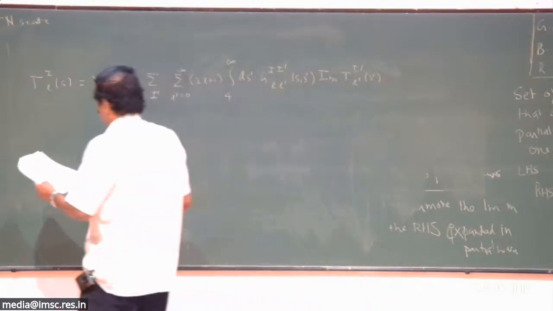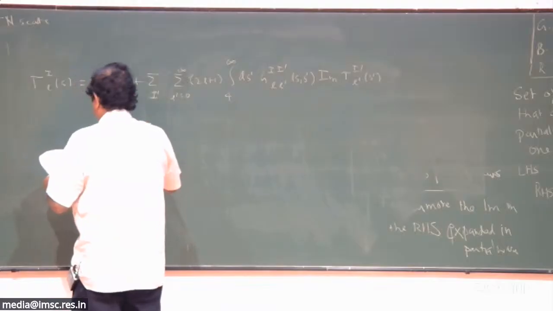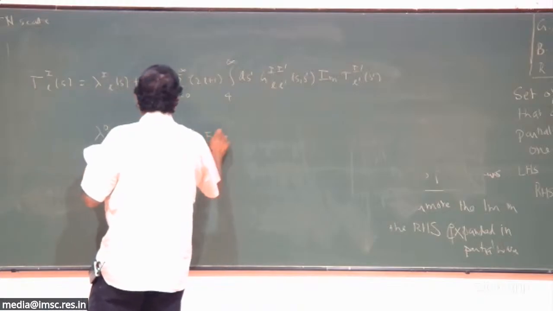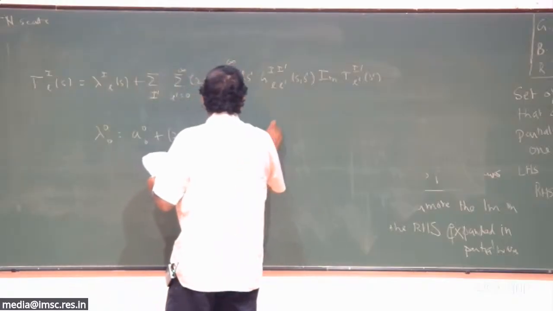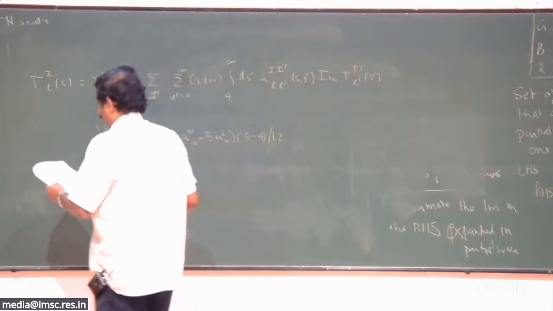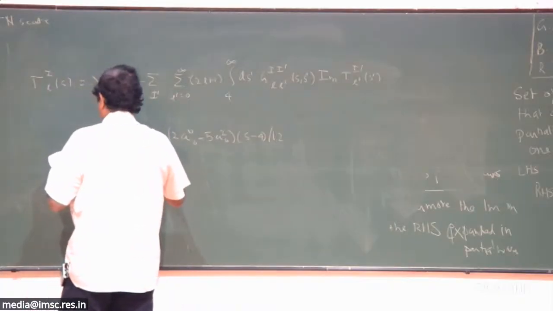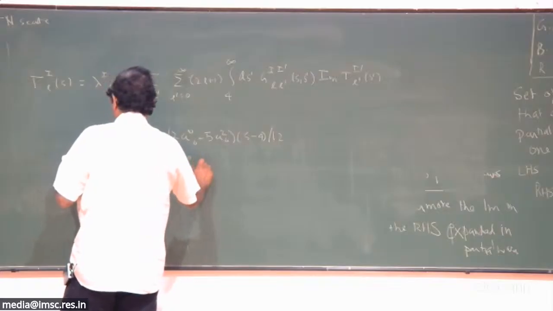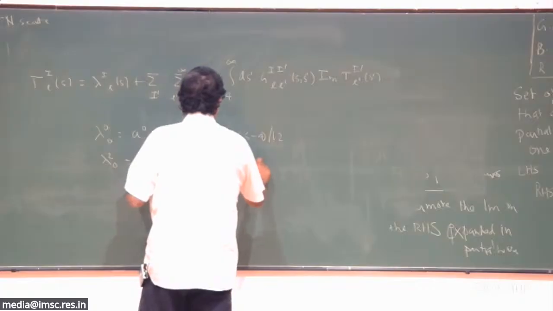And these constants, lambda 0,0, look like a00 plus (2a00 minus 5a20) times (s minus 4) by 12. Lambda 20: I told you, it's more complicated with the isospin amplitudes, but not that much more. 2a00 minus 5a20 times (s minus 4) by 24.